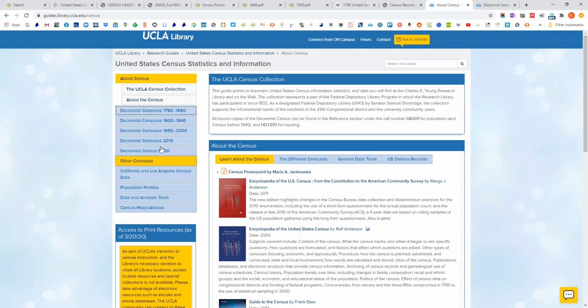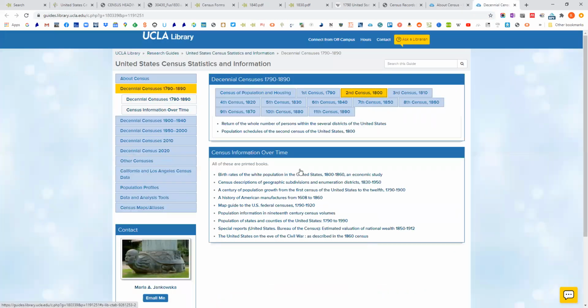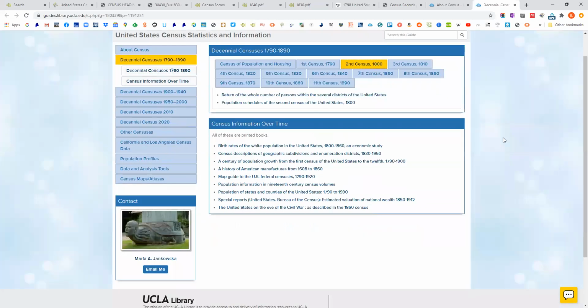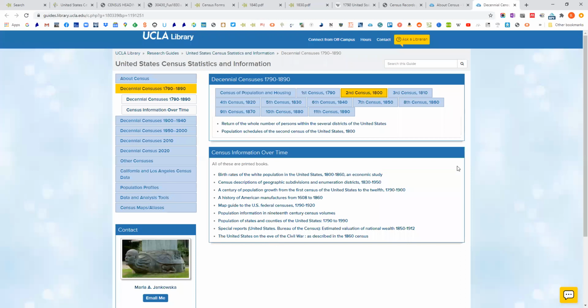And if we click on the early decennial censuses, we get this page. And again, you get the same thing with records for that, and so on. So those are really nice.